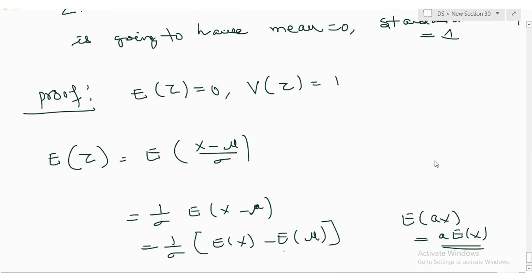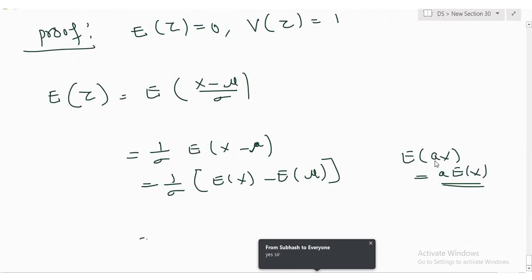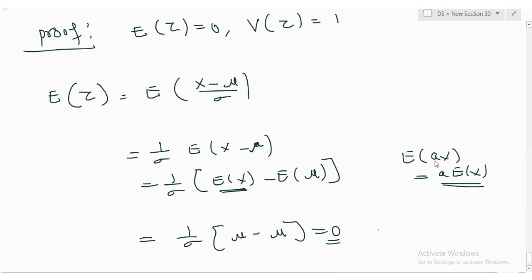Agreed? And this is equivalent to 1 by sigma times, what is this? E of x is mu, right? We learned this so many times. And E of mu is how much? Again mu, because it's a constant. Is this clear? Who asked this? Rupa.